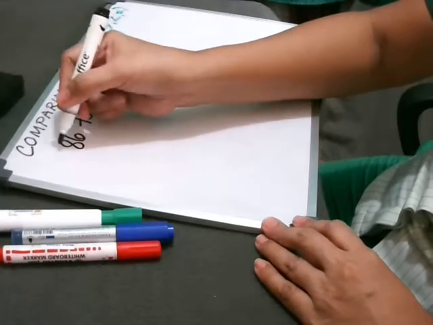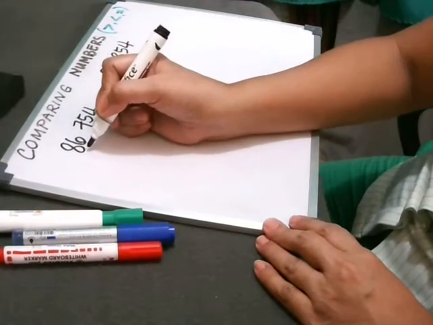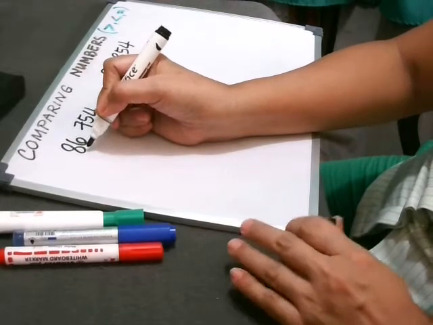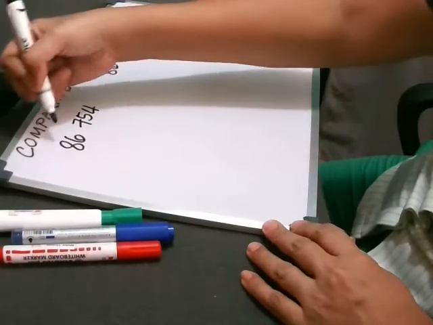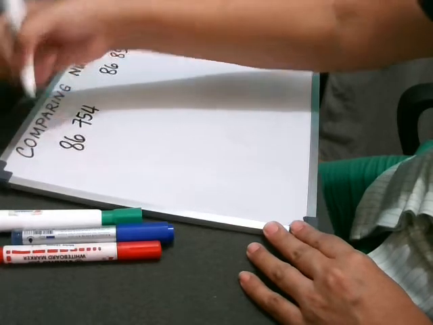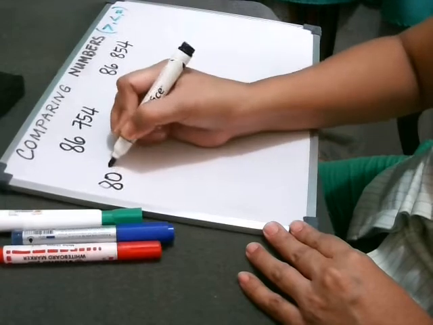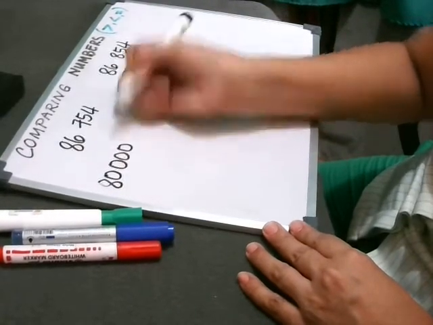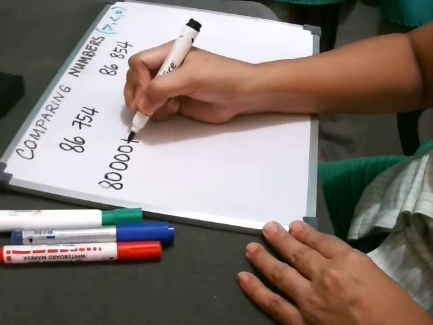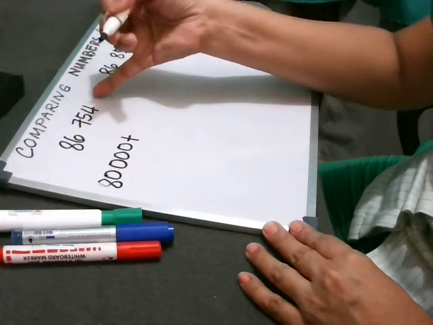For example, this first number here, we start with the first number to the left. The place value of this one is in the 10,000s place, so the value of that is 80,000. Plus, it's just like writing it in an expanded form.